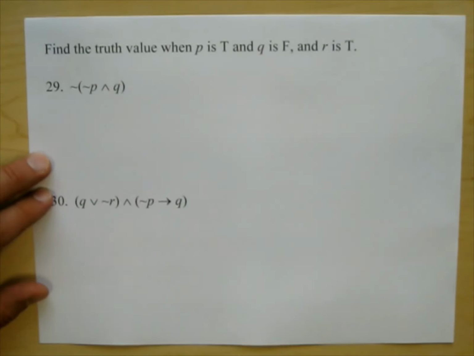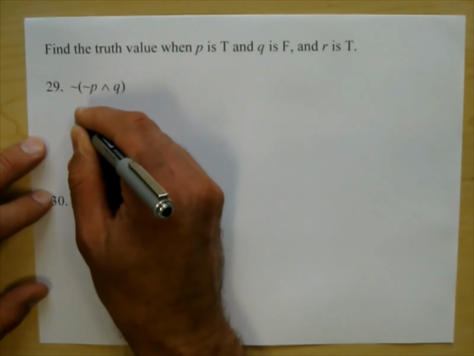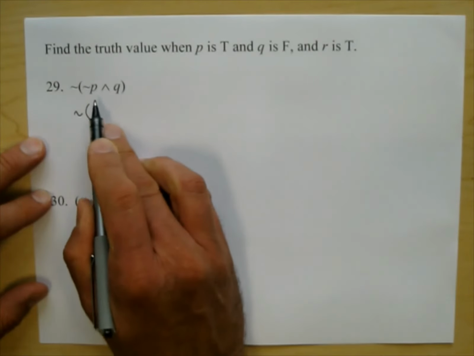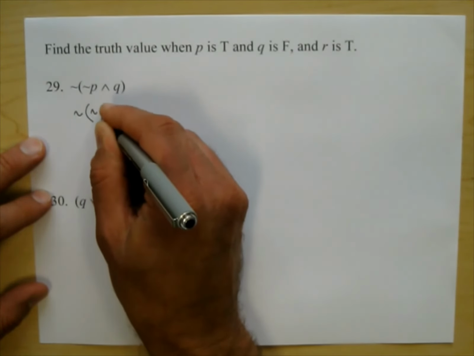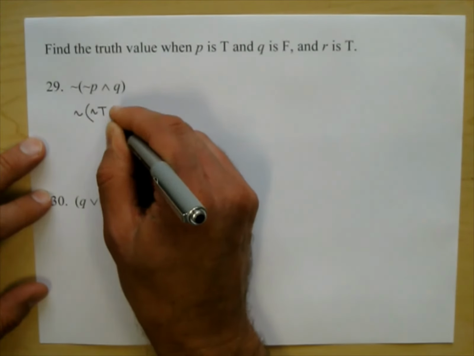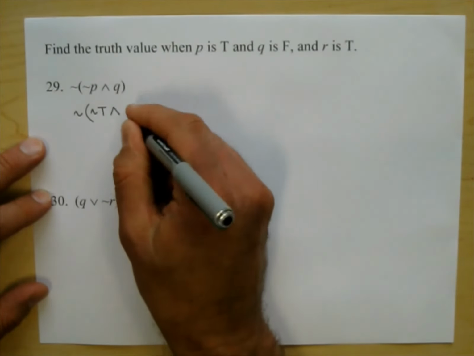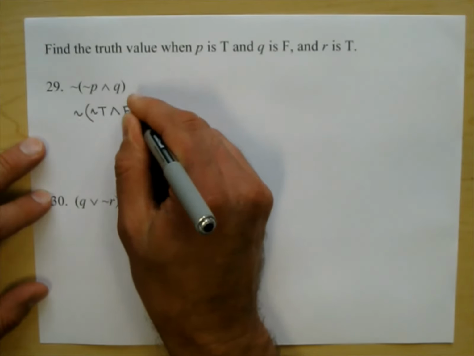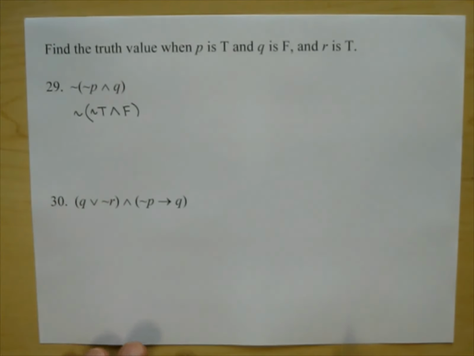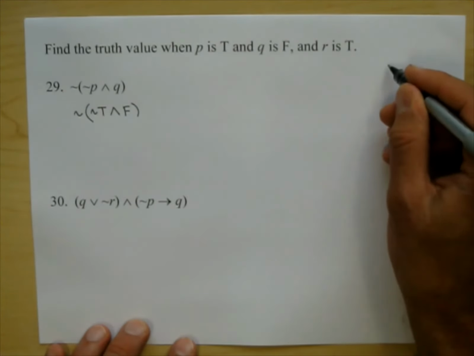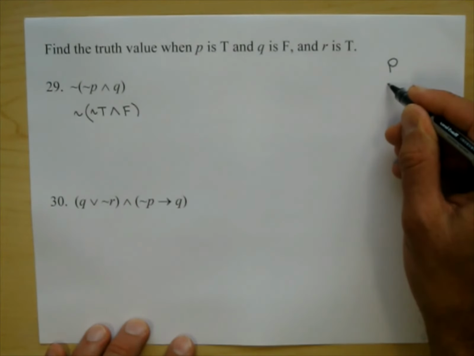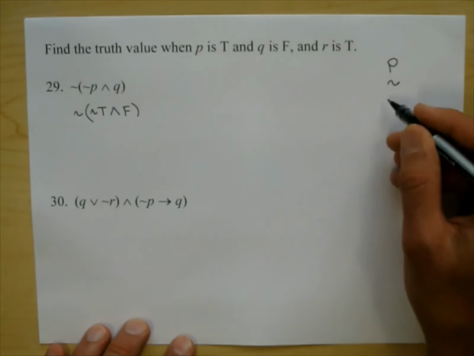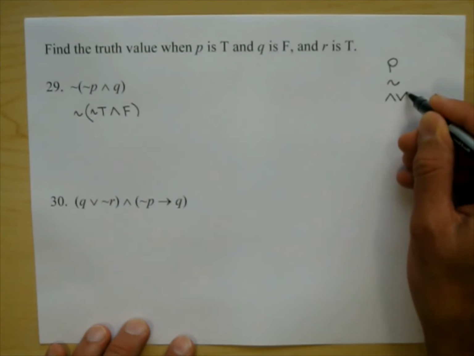Let's go ahead and write out what we have here. I'm going to replace the P with true. So I have negation in parentheses, negation true, and Q is false, false. This is where I have to know my order of operations: we do parentheses, and then negation, and then from left to right we do ands, ors.